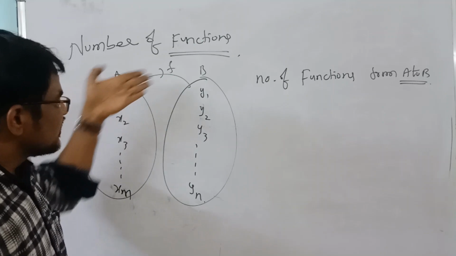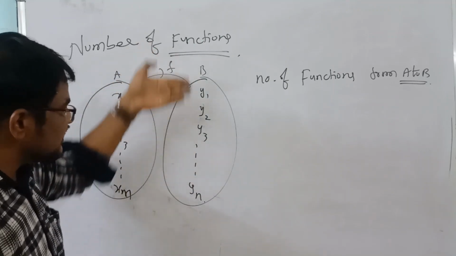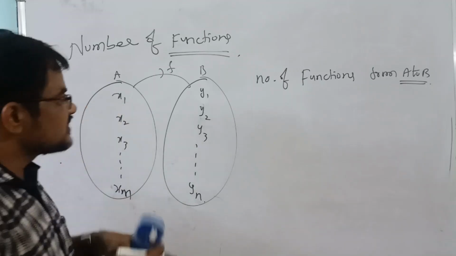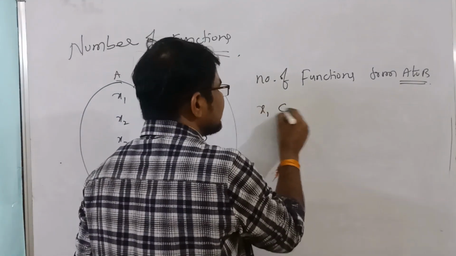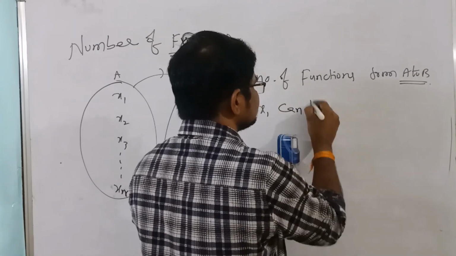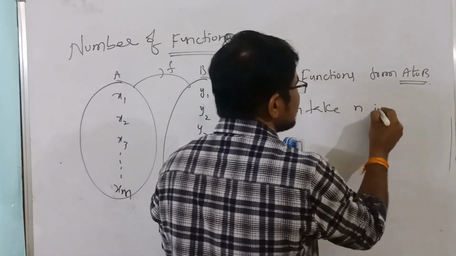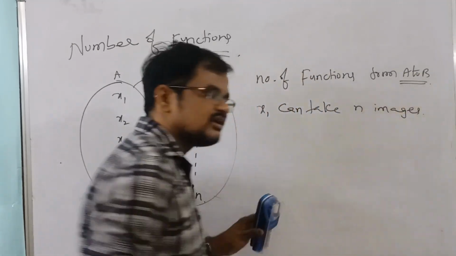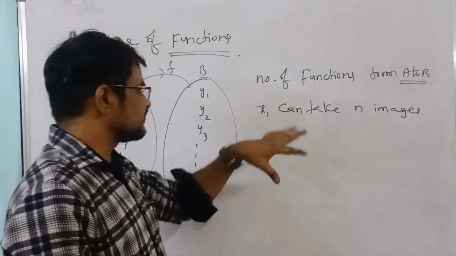For x1, any one from B you can take as an image of x1. Means x1 can take n images, right? So by the definition of function only we are observing.